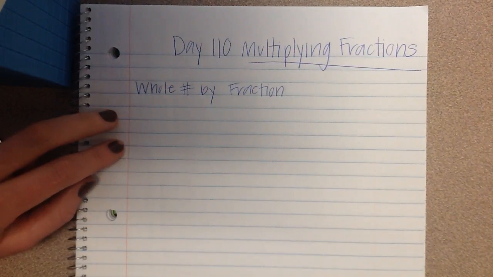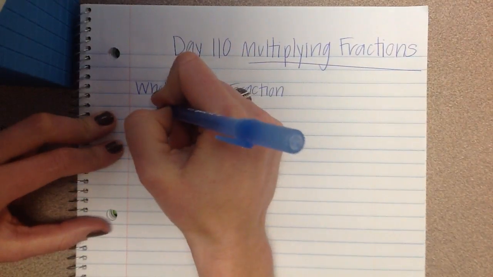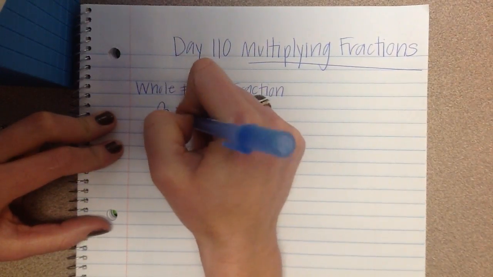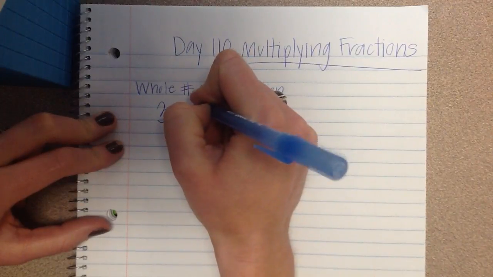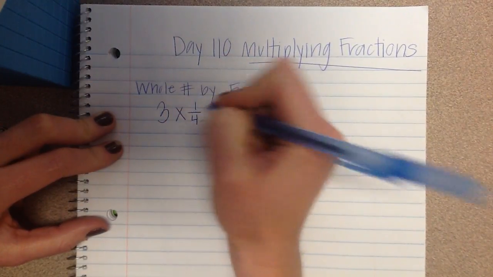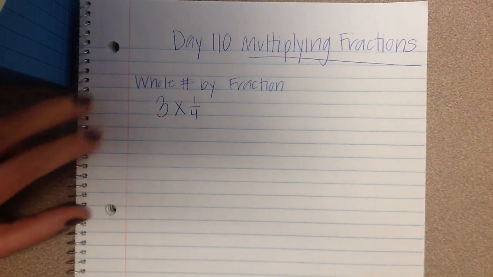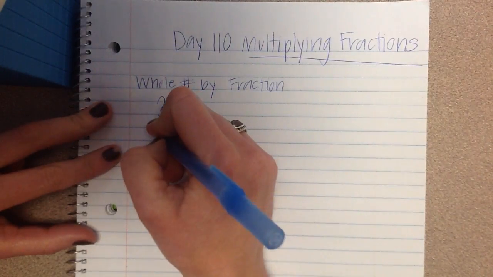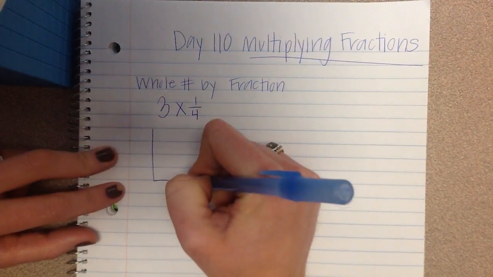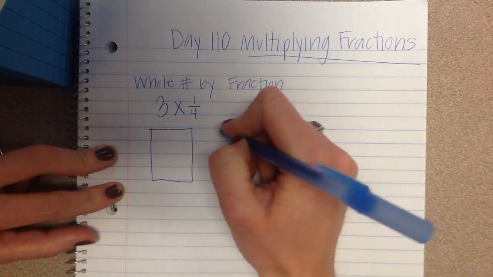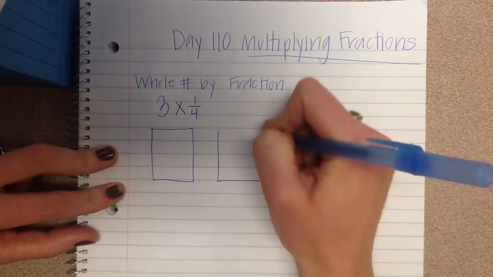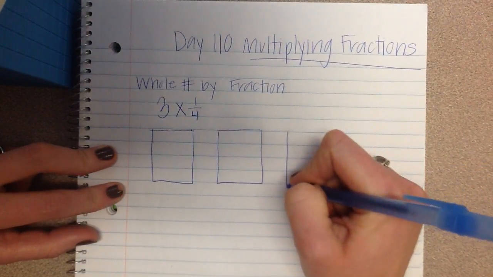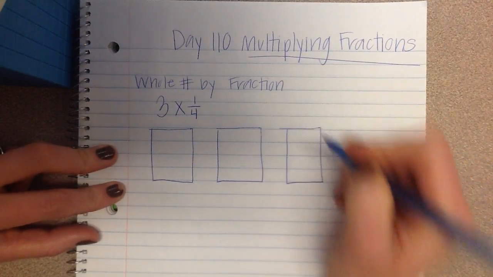So what that means is if we had, say, 3 times 1/4, okay, what I would do is I would draw 1, 2, 3.